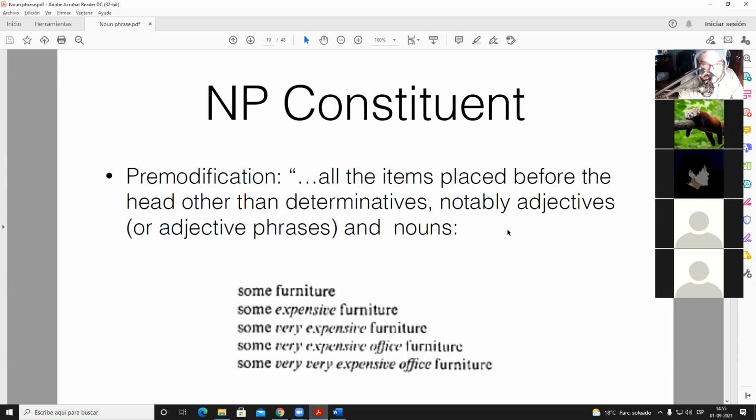That's it. Write it down. Within a noun phrase, you can have pre-modifiers. Those pre-modifiers can be adjectives, adjective phrases, nouns. That's it.